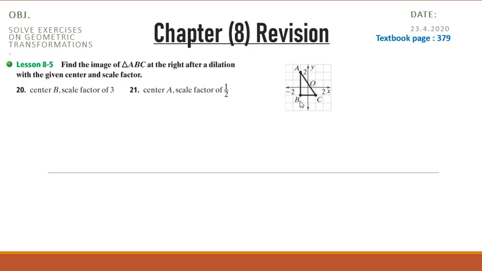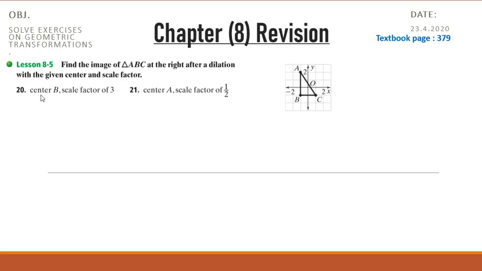We are not going to multiply the coordinates of the point. For example, the point A is -1 and 2. I'm not going to multiply by 3. Why? Because the center is not the origin. So we multiply by the scale factor when the center is the origin.